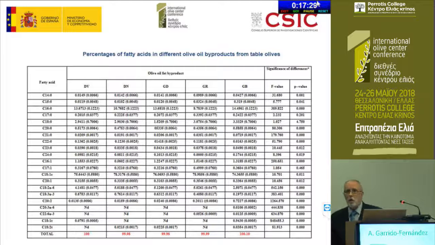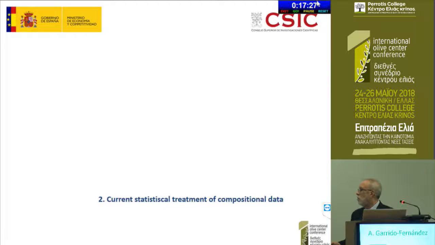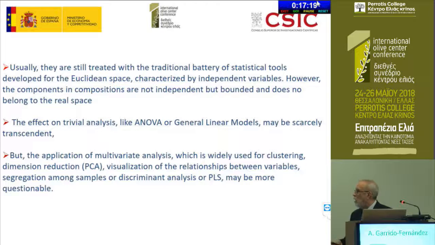How are these data treated statistically? Well, they are treated with the conventional statistics we are accustomed to use, which were developed mainly for independent variables, not for bounded variables.